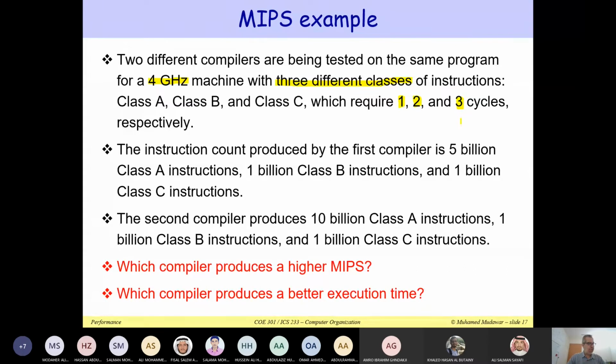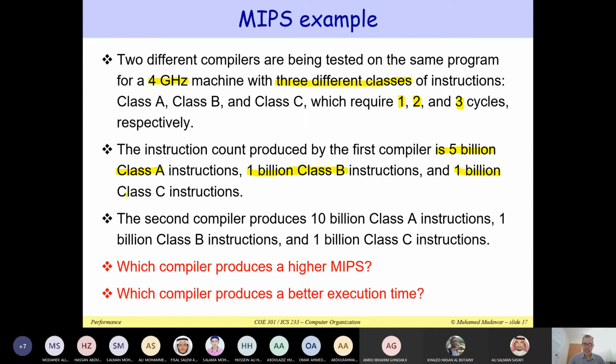Once you have the executable file, you can execute it and count the exact number of instructions that were running at runtime. You notice that the first compiler has generated 5 billion class A instructions, 1 billion class B, and 1 billion class C.